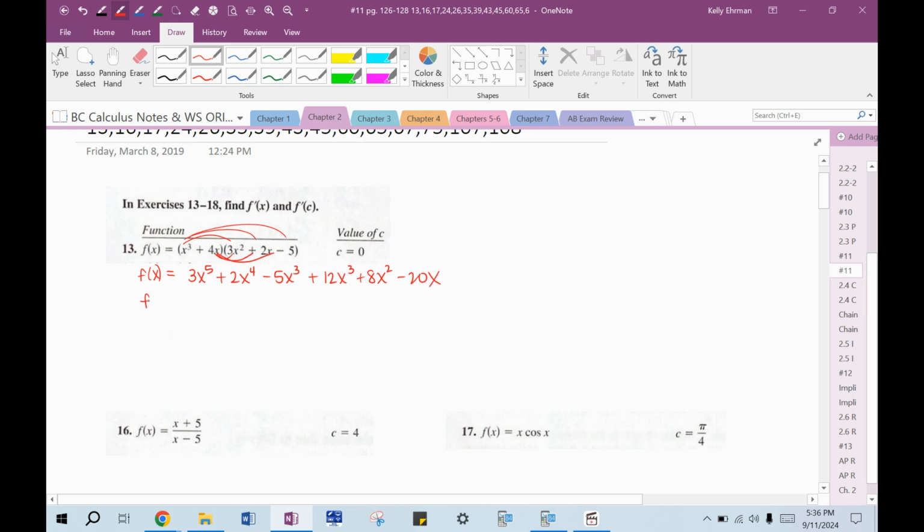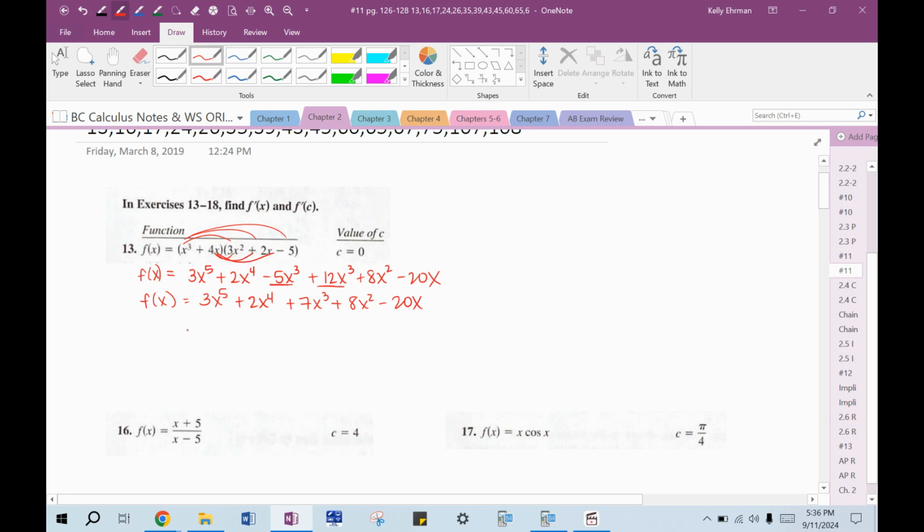And then I'll combine like terms. So 3x to the fifth plus 2x to the fourth, and then we've got minus 5 plus 12, so plus 7x to the third plus 8x squared minus 20x. All right, and then so this is just f of x still.